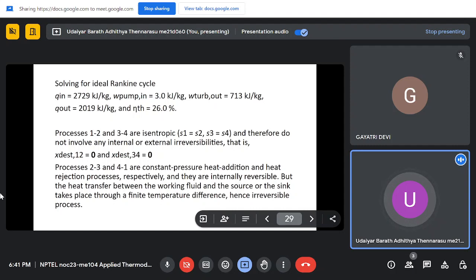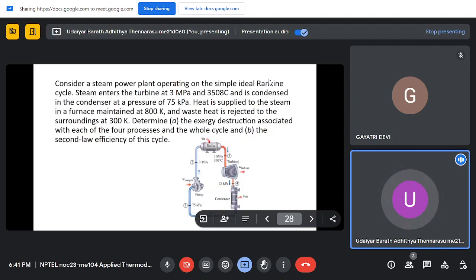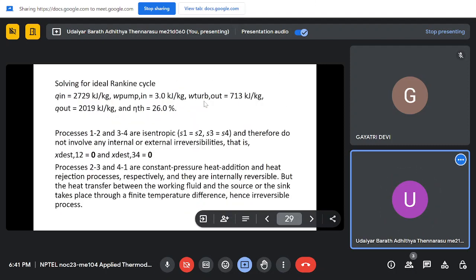Process 2-3 and 4-1 are the heat addition and heat rejection processes. This is happening at constant pressure, and this being an ideal Rankine cycle, we are assuming the internal irreversibilities are not there, so this will be internally reversible.